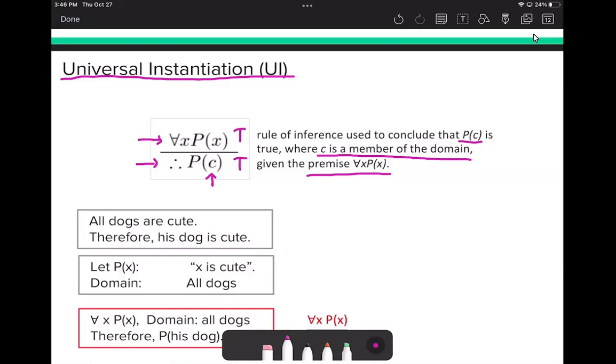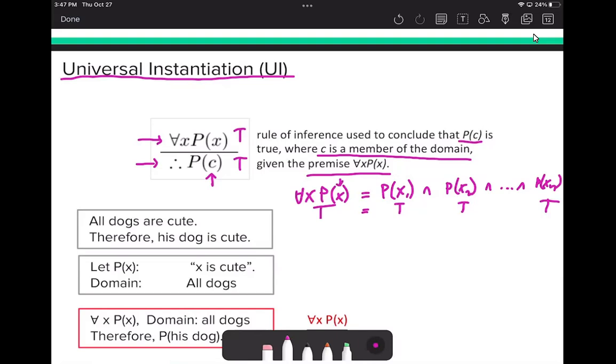So if you remember, for all x, p of x can be expressed via a conjunction, wherein we have p of x sub 1 and p of x sub 2 and until p of x sub n, right? In order for this to be true, it requires that every member of the domain x should be true.